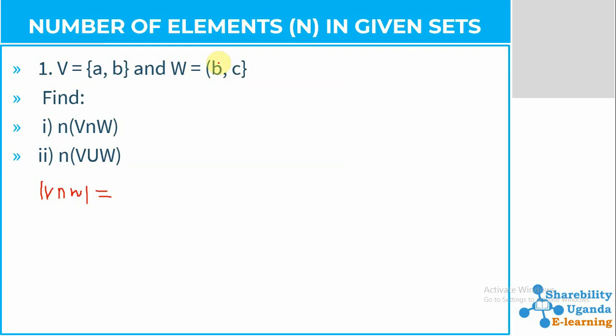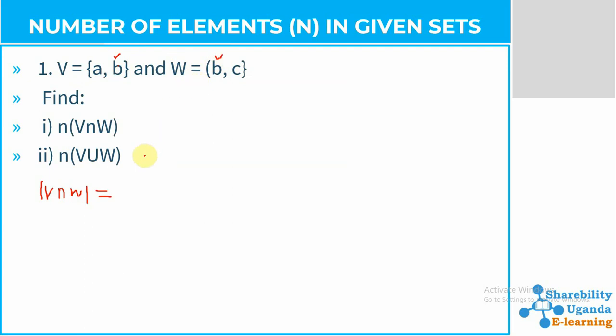Do we have A here? No. Do we have B here? Yes. So we take those members that are common in these two sets. Those are the elements of the intersection, the elements shared within these two sets.